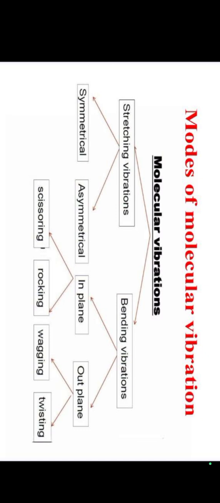The second type, bending vibration, is again divided into in-plane vibration and out-of-plane vibration. In-plane vibration is divided into scissoring and rocking vibration. The out-of-plane vibration is again divided into two, wagging vibration and twisting vibration. This is the classification of modes of molecular vibration.